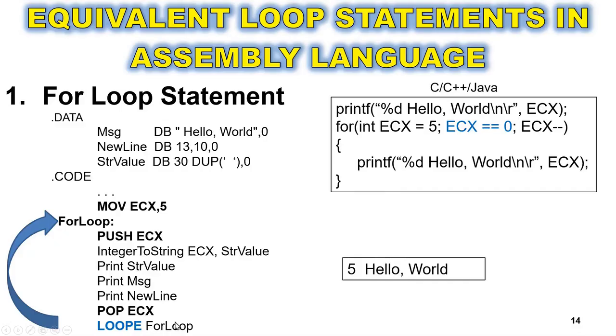Since it is false, it will not jump to the for loop. Therefore, this for loop statement will repeat only once, and it will only display one hello world message onto the console window.